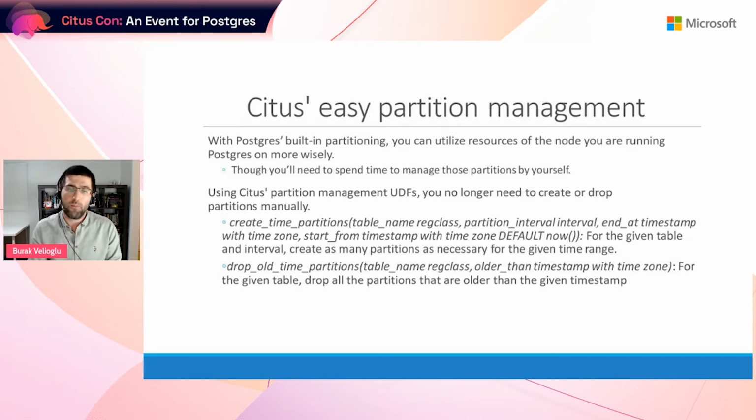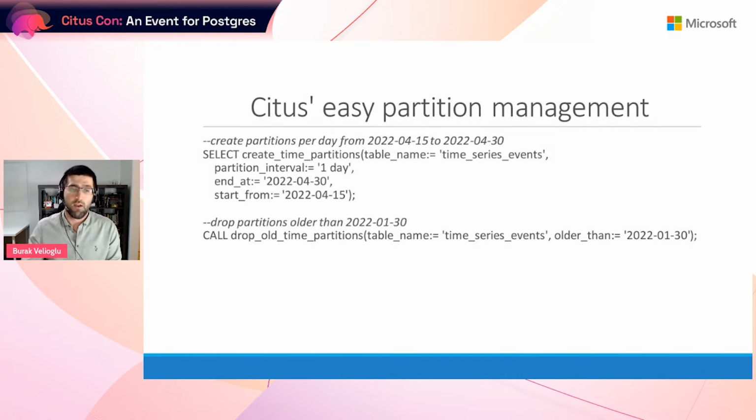So if you want to drop the partitions older than a given timestamp, you can also use drop_old_time_partitions, which basically needs the table name and the timestamp value to drop all the partitions older than the given timestamp.